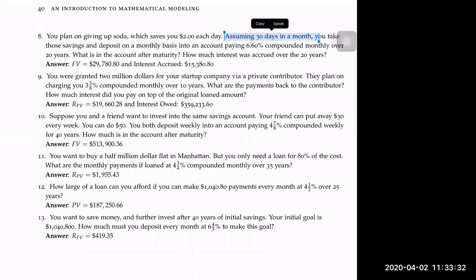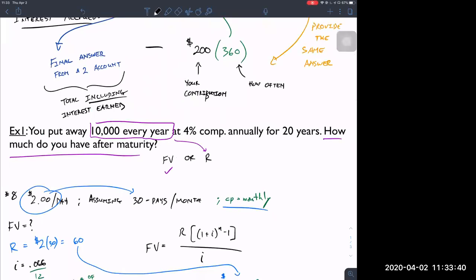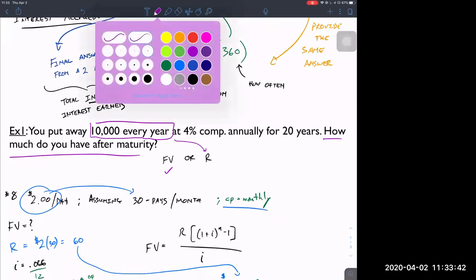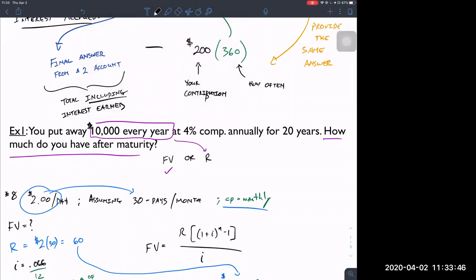Okay. So if you have an account that is paying 5% per year, just like I wrote right here, example 1, see how it's $10,000? I forgot the dollar sign right there. You put $10,000 away every year, compounded annually, right? That is no mistake. These are supposed to match.